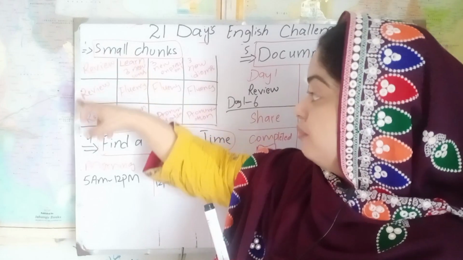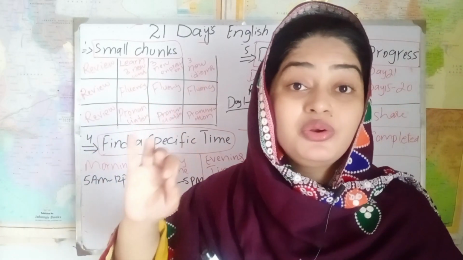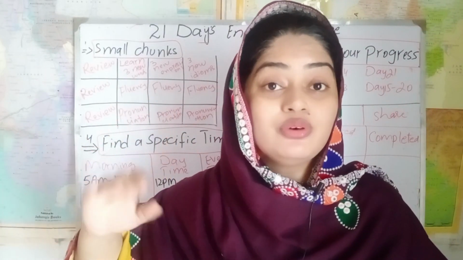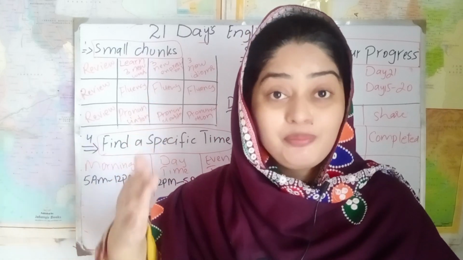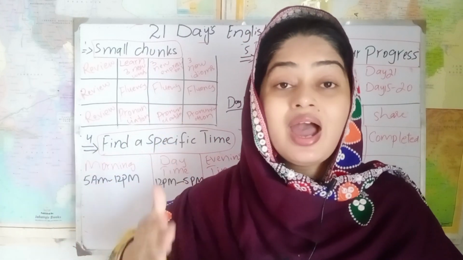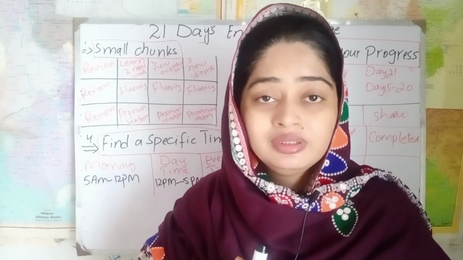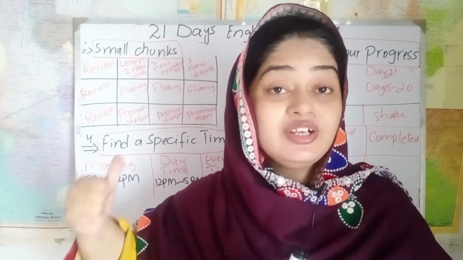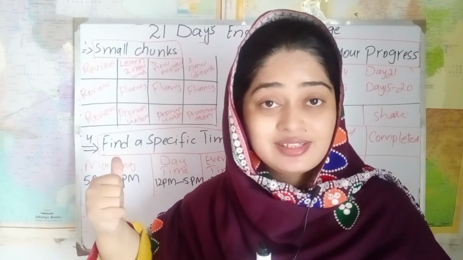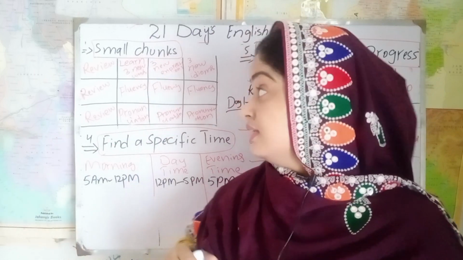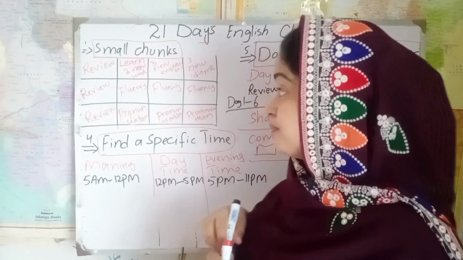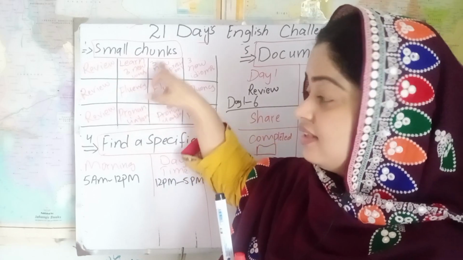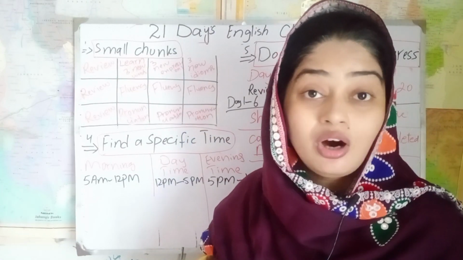You have to make a diagram like this in your notebook. I am reminding you, I am making you remember this reality that you have to grab a notebook. Schedule the 21 days English challenge like this and follow that. For example, small chunks. You have to place different topics, corners.